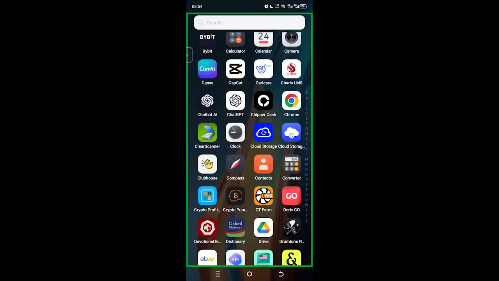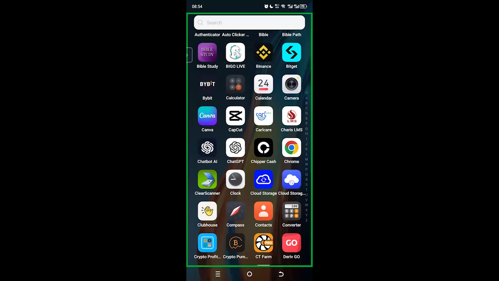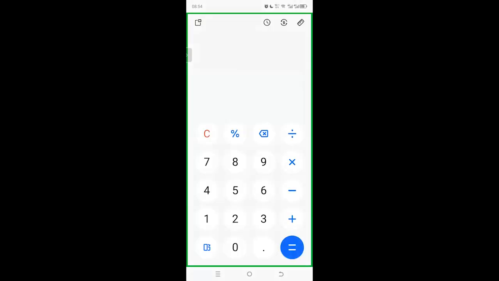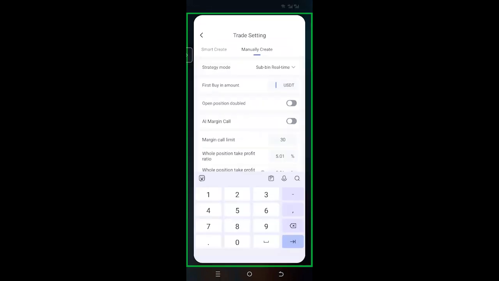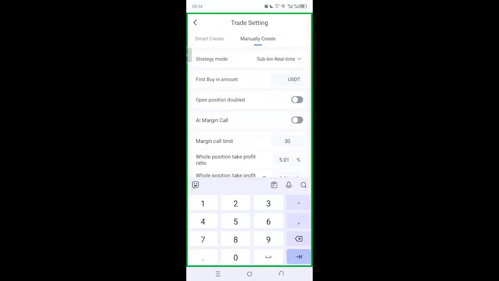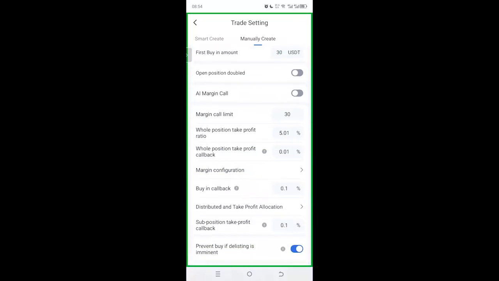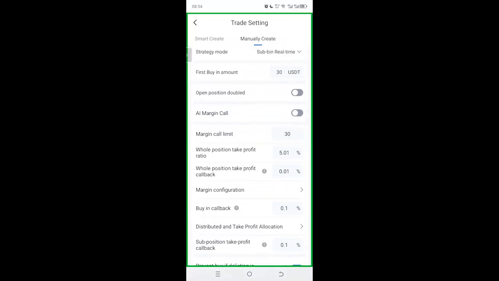The 10% of the 300, I'm going to put my 30 here, my $30. You get this? On my first buy-in amount.